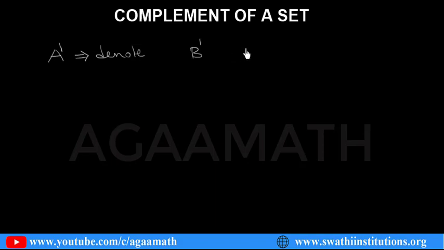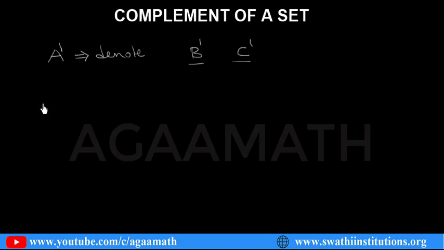Complement of set C is represented like this. So this is how we denote the complement of set A, set B or set C.